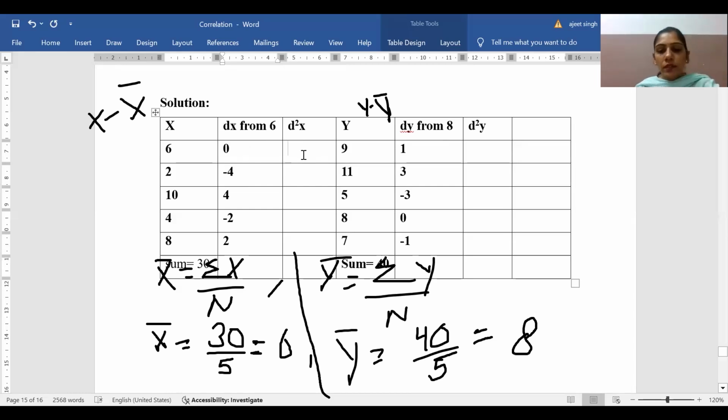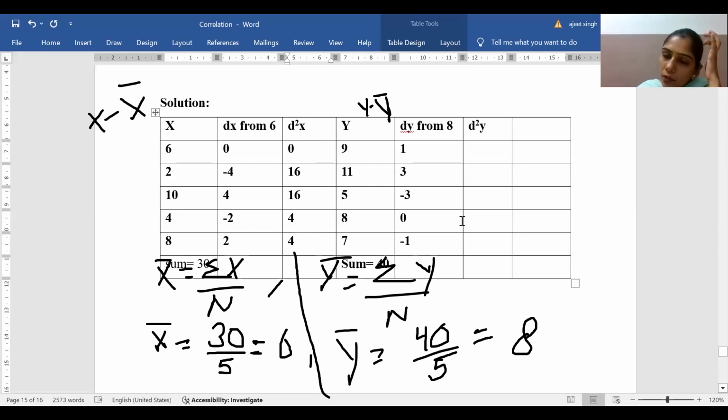Here it comes 0. Square of 4 is 16, square of 4 is 16. Then again, square of minus 2 is 4 and square of 2 is 4.